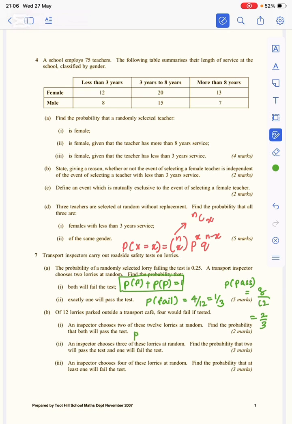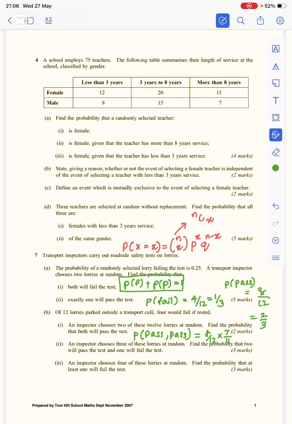That means P pass, then here, first pass the test, that is 8 divided by 12, into second pass the test, 7 divided by 11.